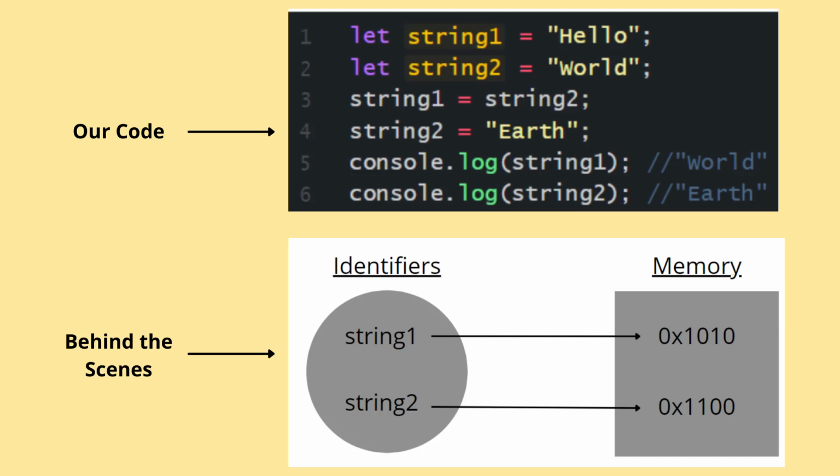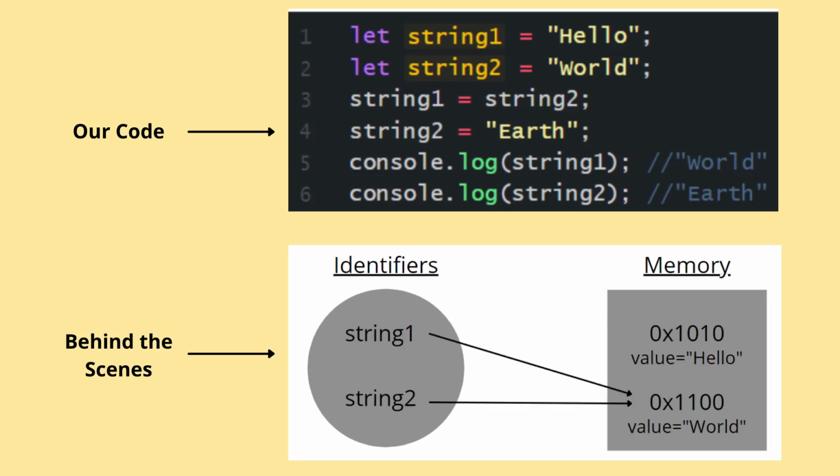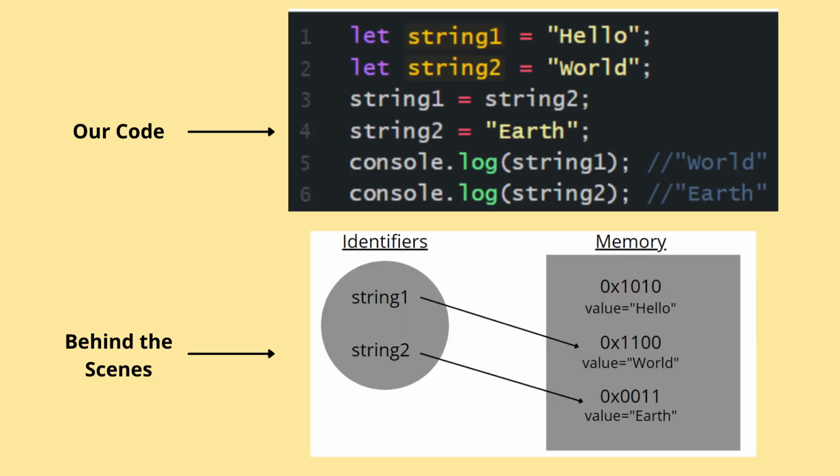Alright. Then on the third line of our code, we assigned string2 to the string1 variable. Doing this will make the pointer of string1 point towards the value of string2. We are now already seeing that the values are being passed around. Furthermore, in line 4, we reassign the value of string2 to earth. Now what happens is that a new memory address will be created with the value earth, and the pointer of string2 will now point towards the new address in the memory.